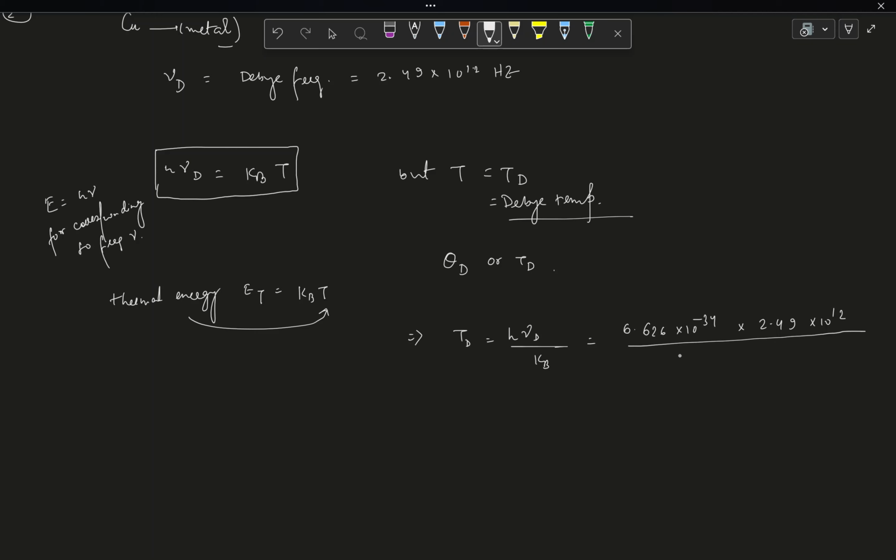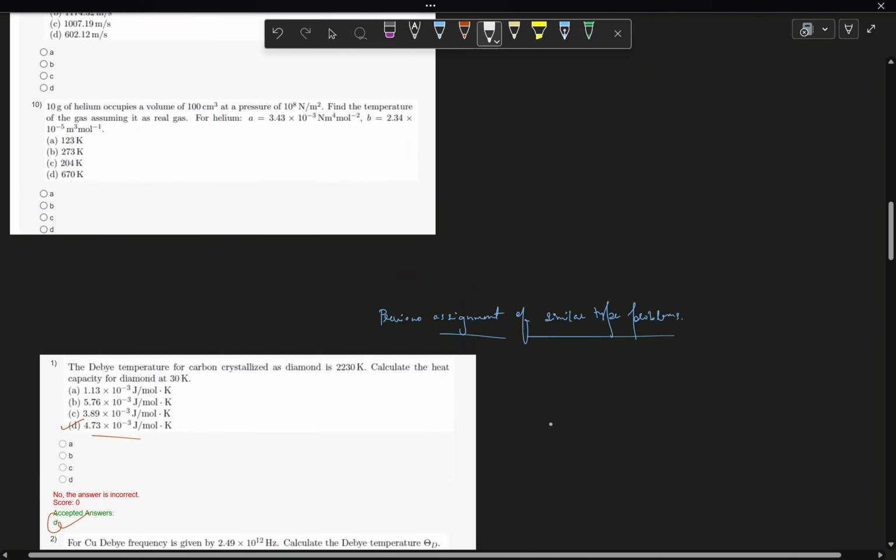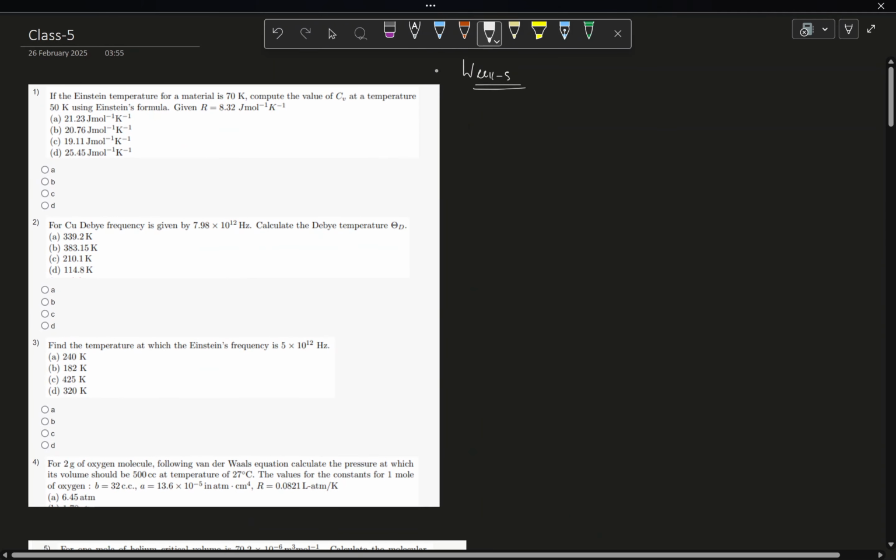Then kB, the Boltzmann constant in SI, is 1.38 into 10 to the power of minus 23. Now just use your calculator and you will get a value of 119.6 Kelvin.